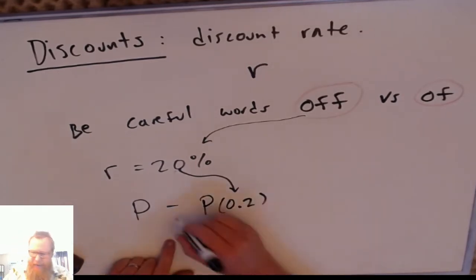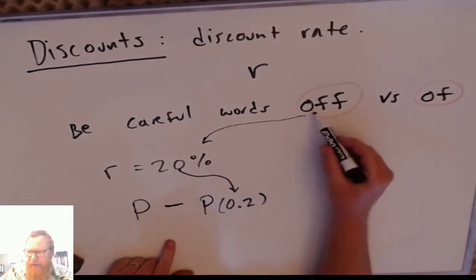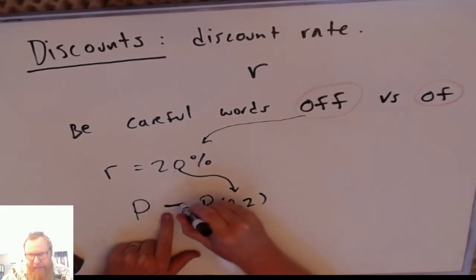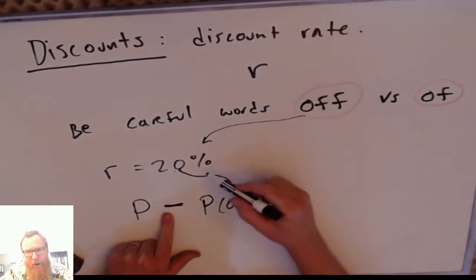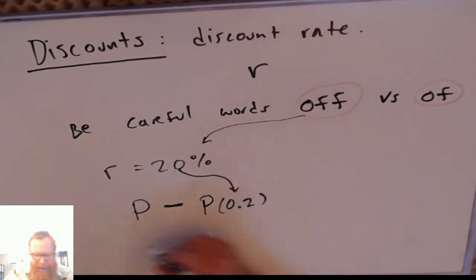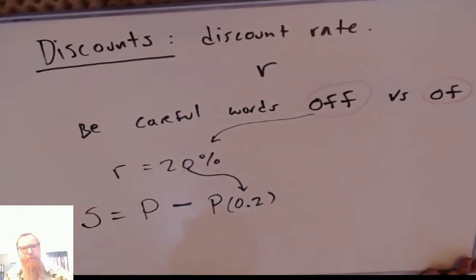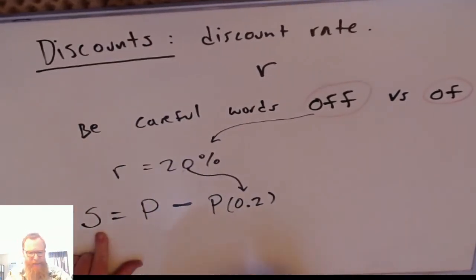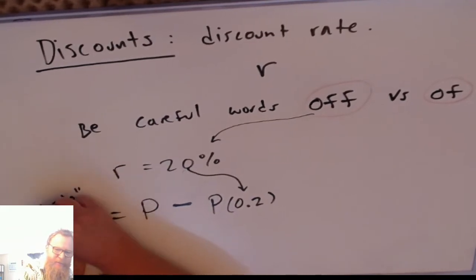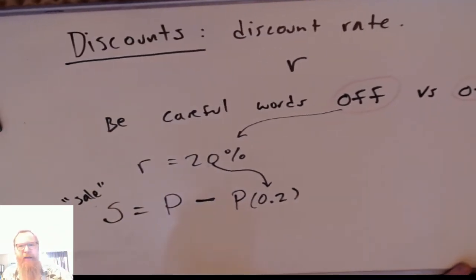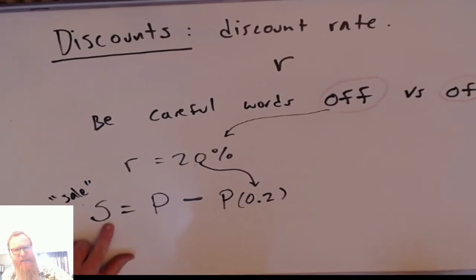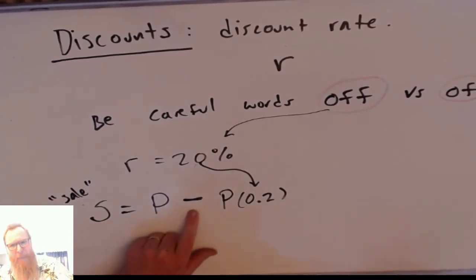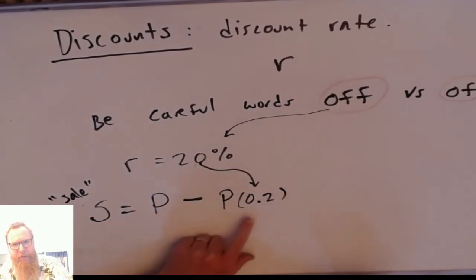Yeah. Now it's off because you are subtracting 20%. So that would be the sale price. The sale price is S, which is the original price minus, because I'm taking off, 20%.